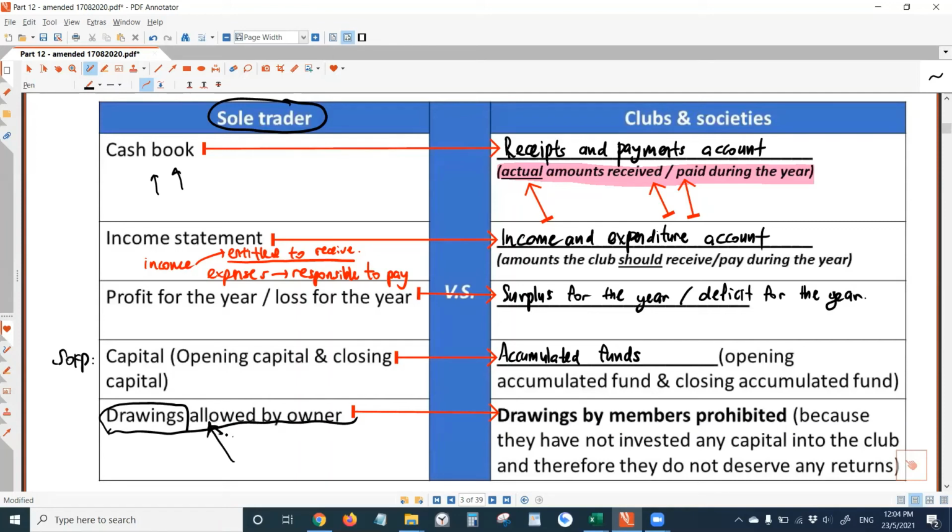But for clubs and societies, drawings do not exist. Common question in the exam, they like to ask you whether members can take drawings or not. You must say no. Members cannot take drawings. Imagine you are one of the members of a clubhouse.